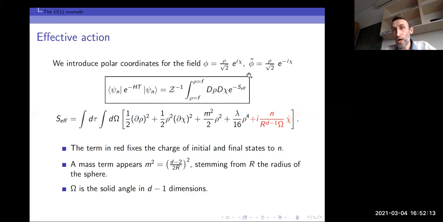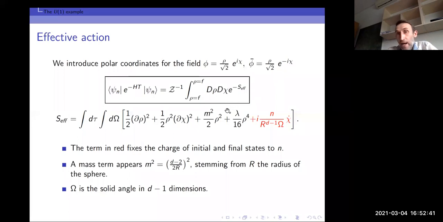And all we have to do now is evaluate the time evolution, basically in this tau variable, as you see. I am using polar coordinates for my complex scalar field, as you see here, and chi is the phase of the field.